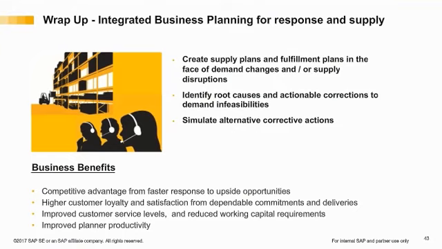This all results in competitive advantage from faster response to upside opportunities, higher customer loyalty and satisfaction from dependable commitments and deliveries, improved customer service levels and reduced working capital requirements, and lastly, improved planner productivity.